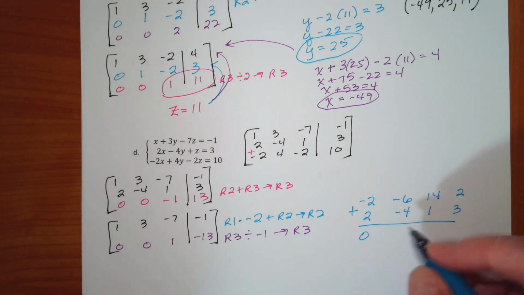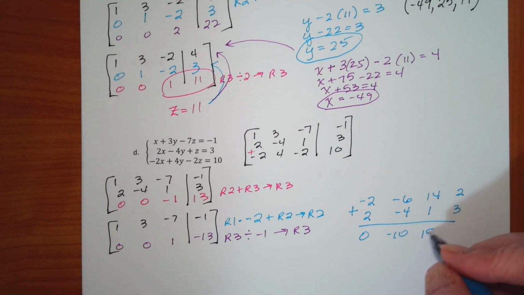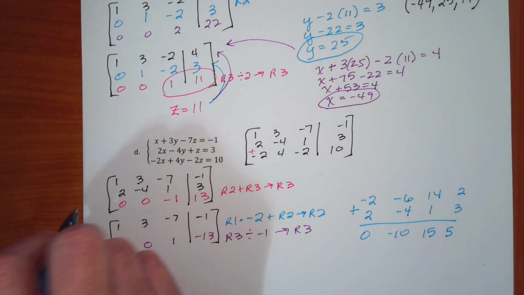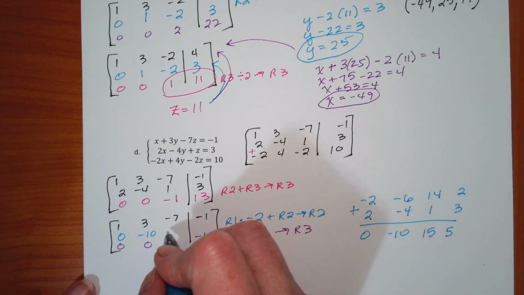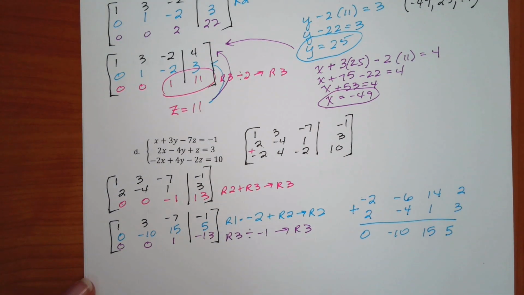So that gives me 0, negative 10, 15, and 5.